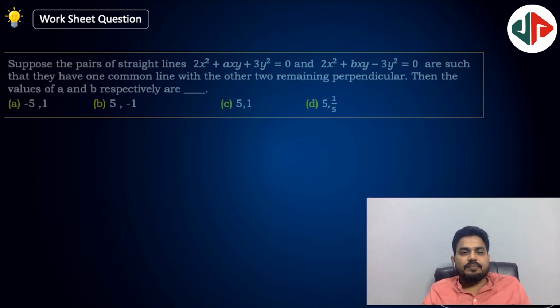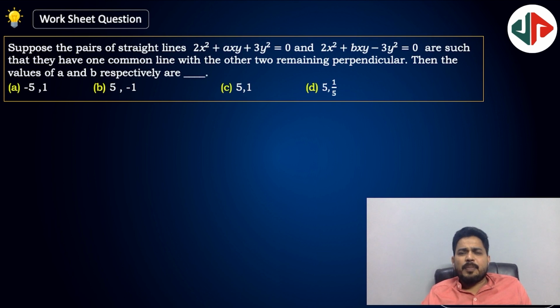Suppose a pair of lines are such that they have one common line, and the other two are perpendicular in the values. Means what is this? So the question is one line is parallel to this. Right, come back.